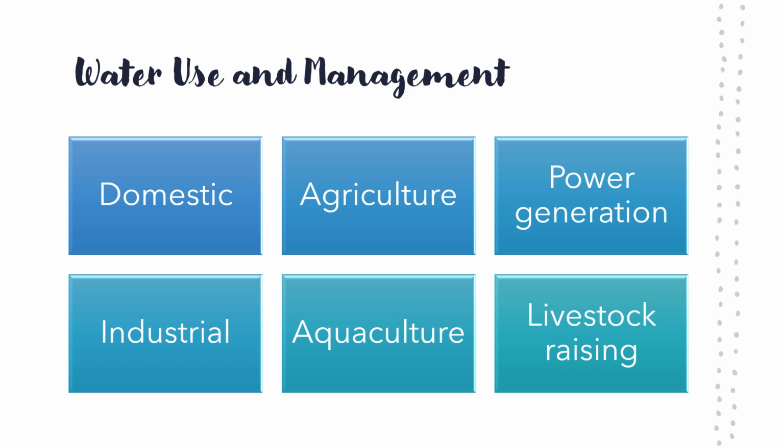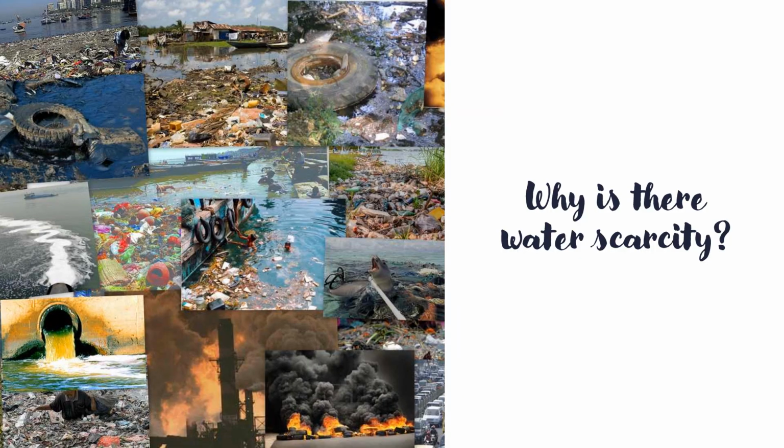Okay, so next, the question now is, even though we have different water sources, why is there water scarcity? Why does the demand for water still exceed the available supply?